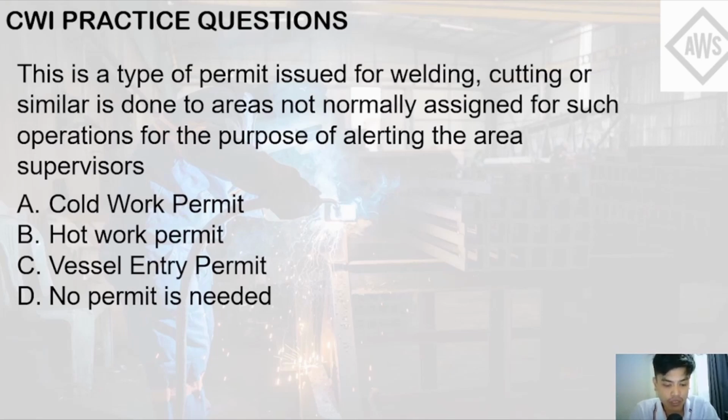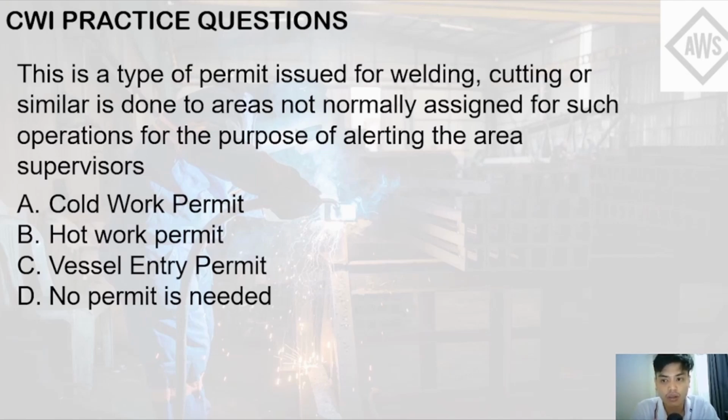For refineries, for plants that are normally not designed for any welding or hot work activity, a hot work permit is needed to alert the area supervisor of any activities that will generate heat, that will be a hazard to the plant because it might ignite the fumes.